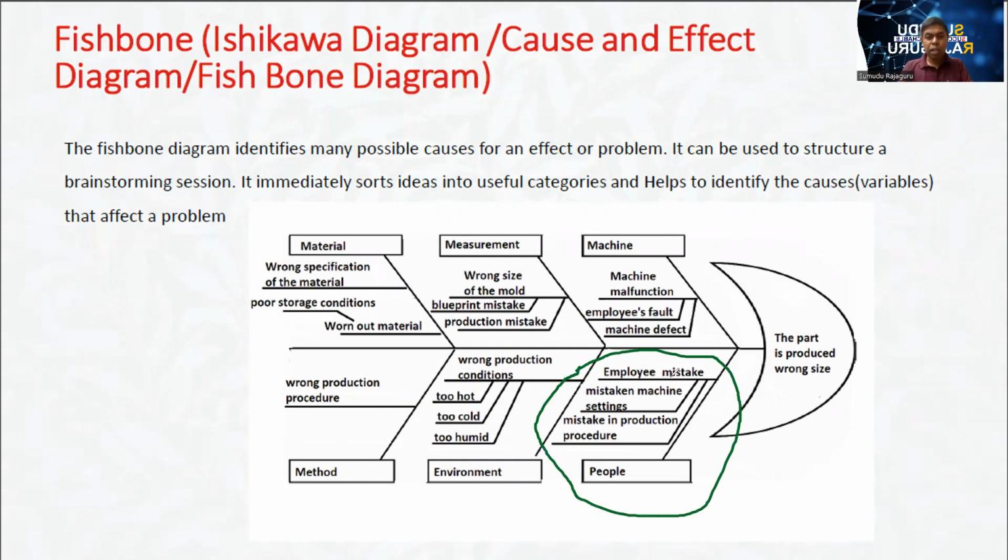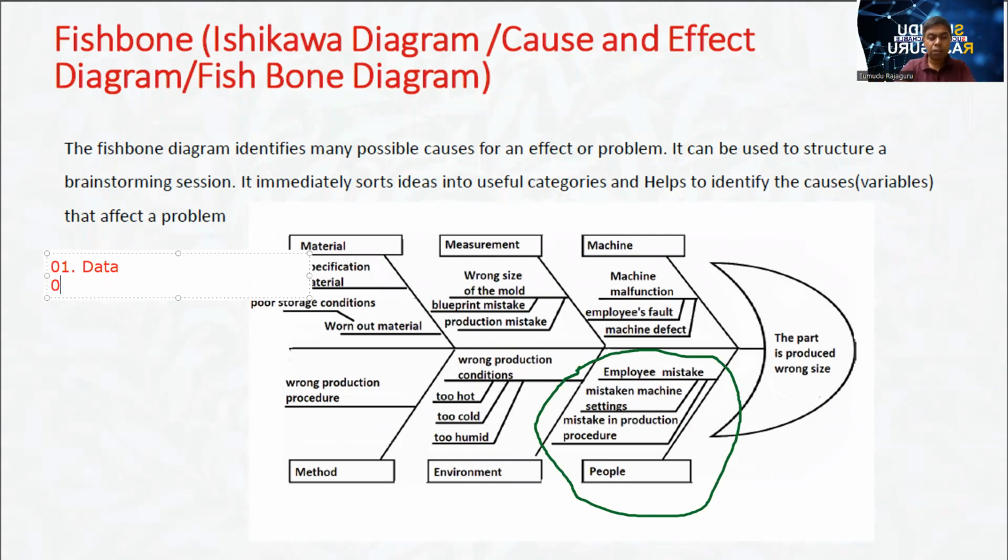Then if we have data, by using data we can give priority and prioritize the causes. That means first what we have to solve, second what we have to solve, like that.